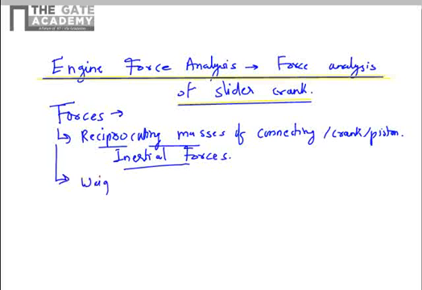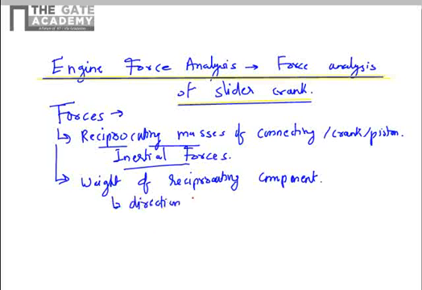Then weight of reciprocating components, the center of gravity is changing at every time instance. So the weight will act in different direction at different time instance. Direction changes with time. So the load coming on the crank or the piston will vary with time.